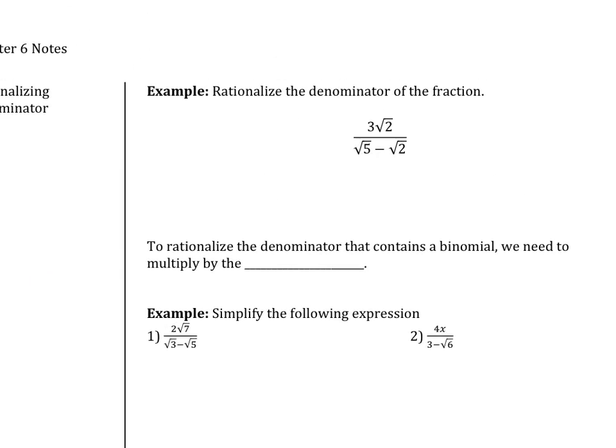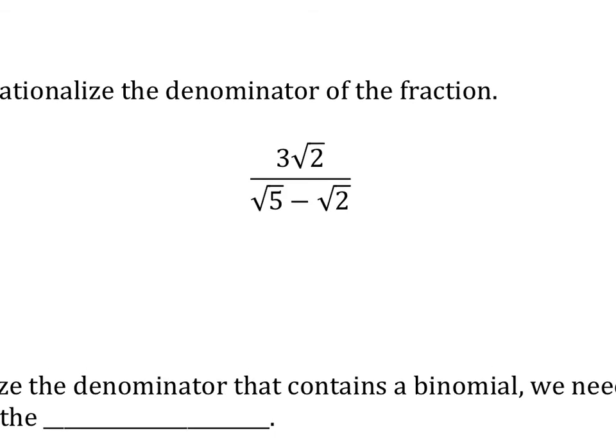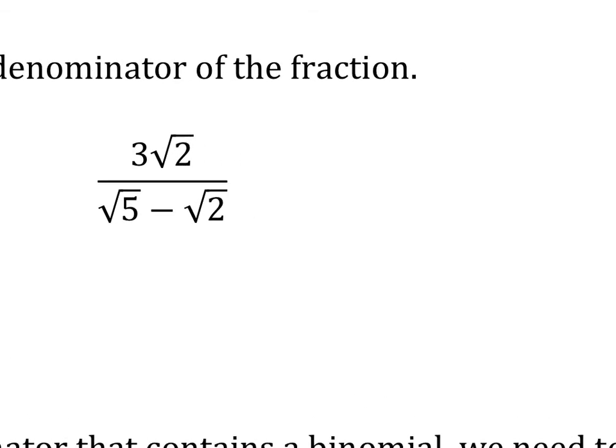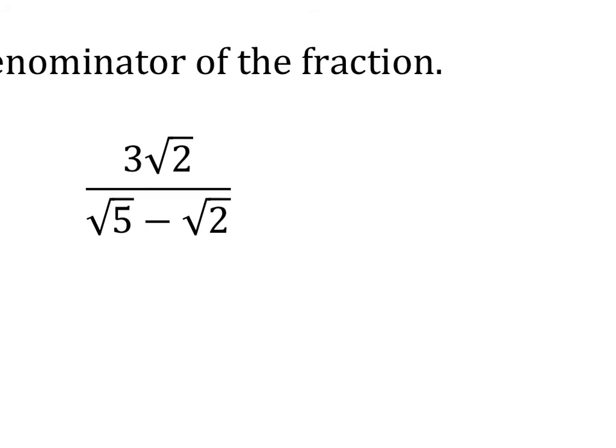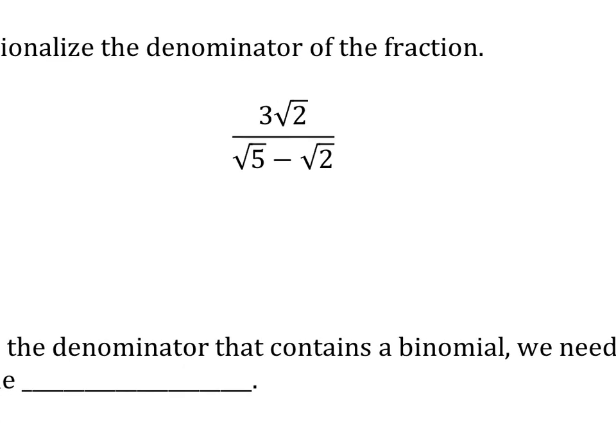All right. Now, if we look at this question, remember from the lesson a few days ago, we said no radicals in the denominator. So it's not okay to just leave it like this. What we want to do is get rid of the radical in the denominator. We cannot just multiply by a square root 5 or a square root 2, because it's not going to get rid of everything. So we need to multiply by the conjugate. Do you remember a conjugate?